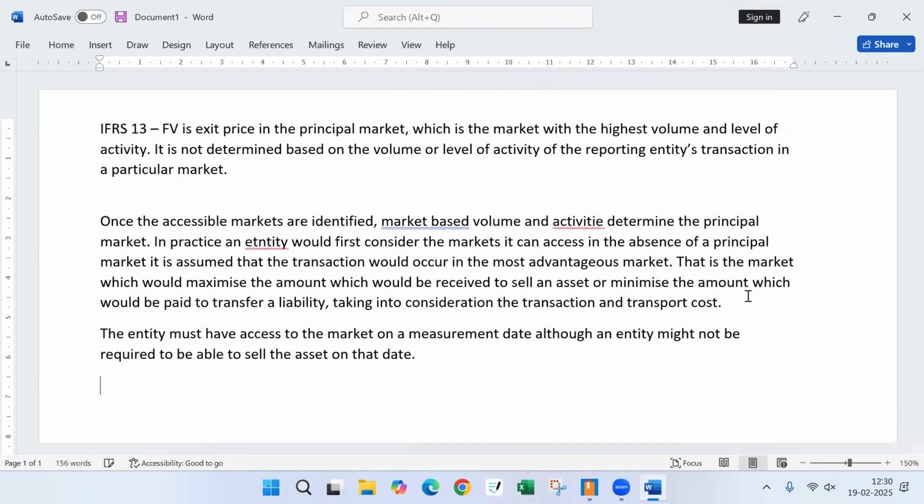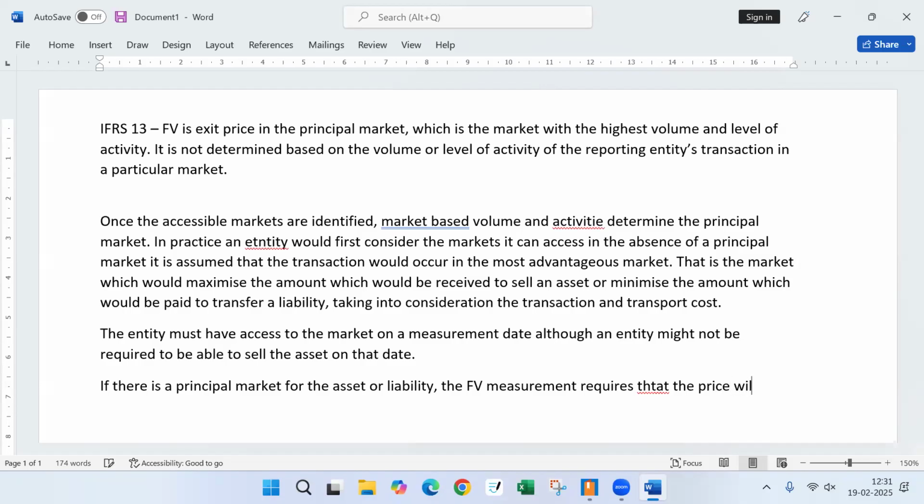Okay. So if there is a principal market for the asset or liability, the fair value measurement requires that the price will be the market price minus transportation cost, isn't it?